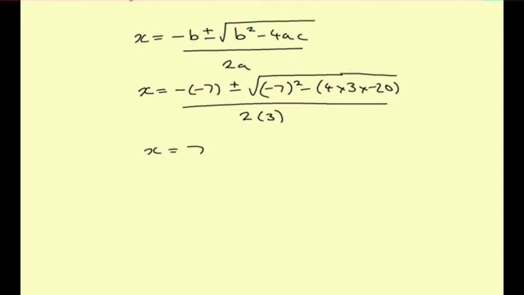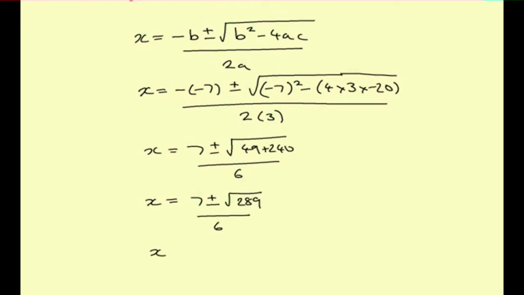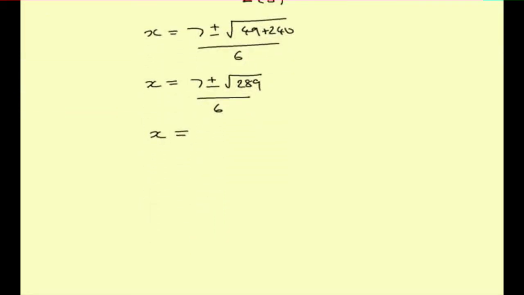So x equals 7 plus or minus the square root of 49 plus 240 all over 6. So x equals 7 plus or minus the square root of 289 all over 6. So x equals 7 plus or minus 17 over 6. So x is equal to 4 or minus 1.6 recurring.